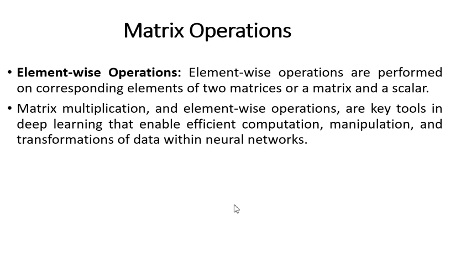So matrix addition, matrix subtraction, matrix multiplication, matrix division, transpose also we can do, and the matrix inverse also we can perform. We already know how matrix operations are done in mathematics, and the same process continues here based on the data which is available.